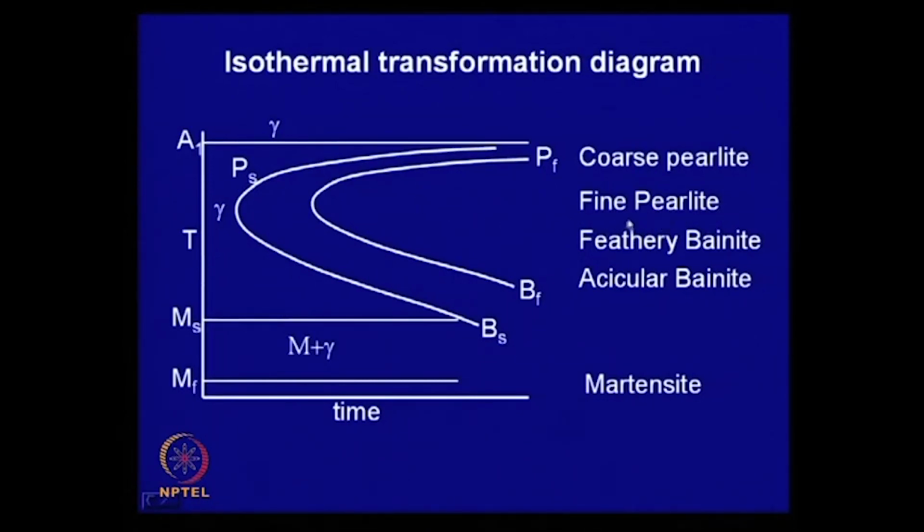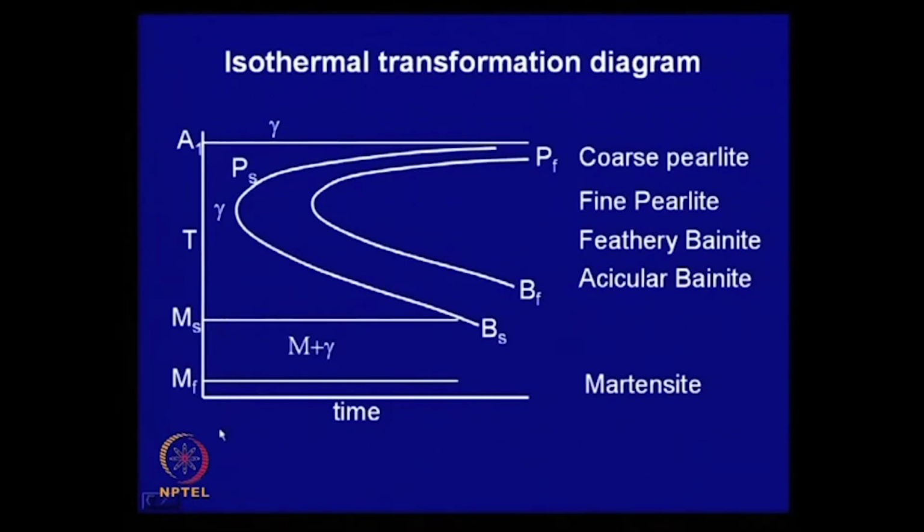So, you get a fine pearlite structure, and if you quench, you get martensite, and in case of martensite there is no diffusion, the carbon atom does not move. So, this transformation is very fast. While the pearlitic transformation is diffusion controlled, formation of martensite is a diffusionless transformation. There is no diffusion of carbon atoms here.